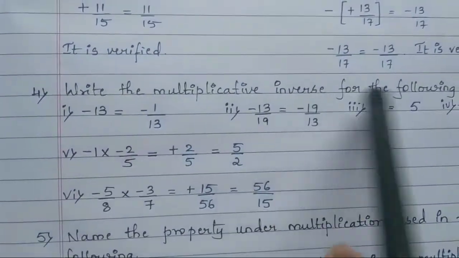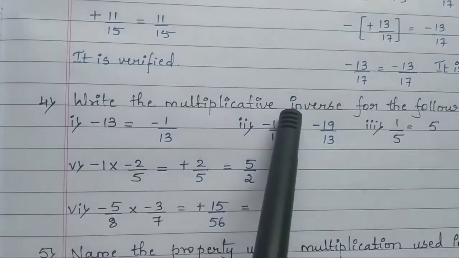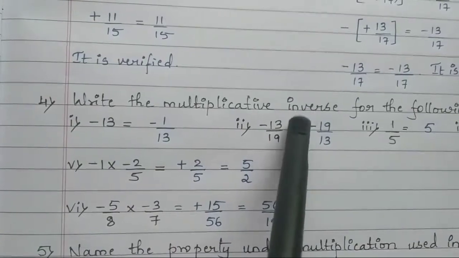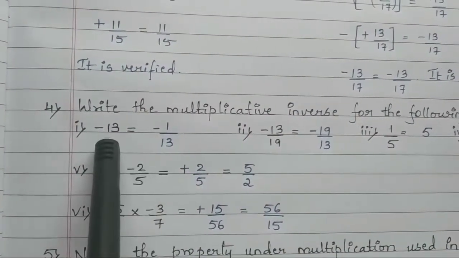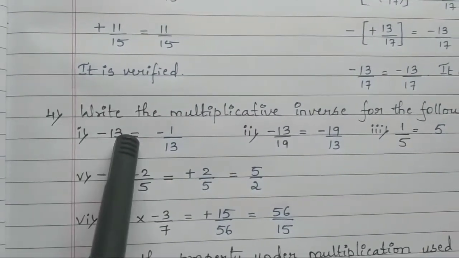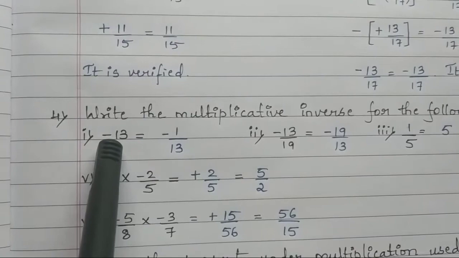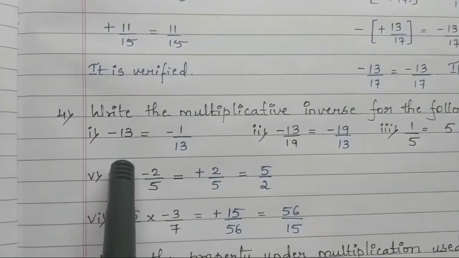Moving to the fourth question. Write the multiplicative inverse for the following. What is the multiplicative inverse? What you have to do here is make it up and down. This number must be reversed. So this is minus 13 divided by 1, isn't it? If there is nothing below in the denominator, it means it is divided by 1.